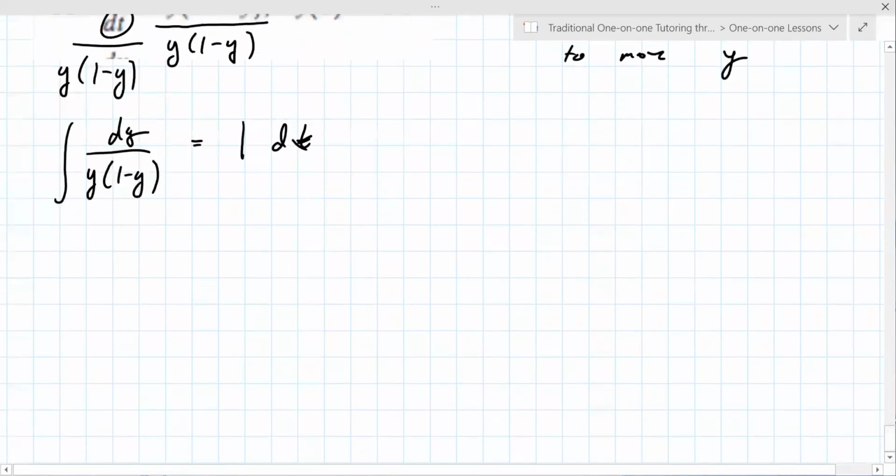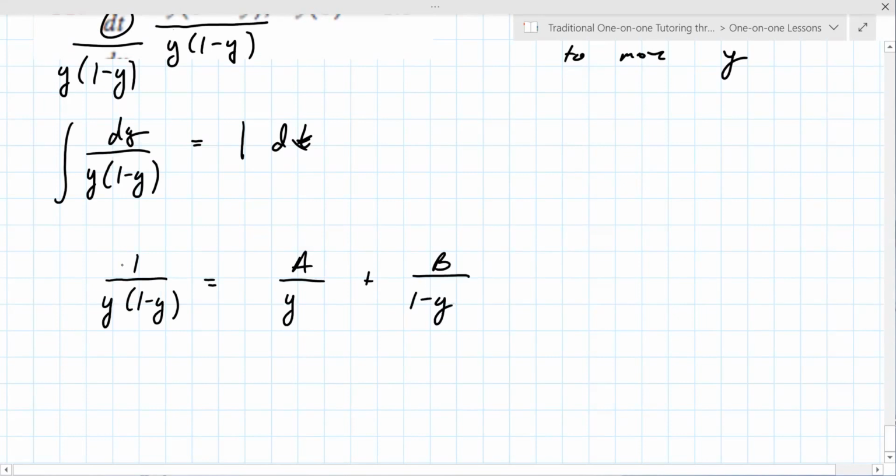So the left here is partial fraction. So it's 1 over y times 1 minus y equals a over y plus b over 1 minus y. And then bringing this down here, this is like 0y plus 1 equals, and then you multiply the top and bottom by the other one.